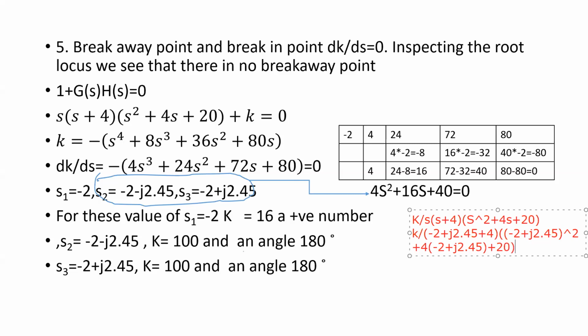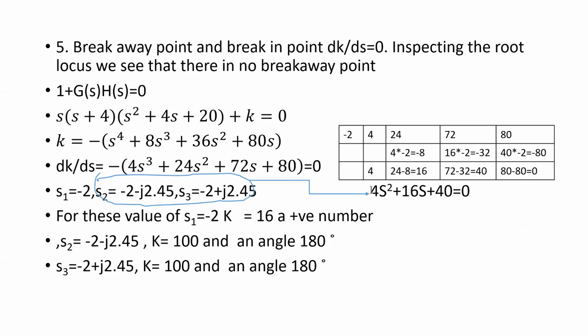When you do this, I got a number in polar form at an angle of 180 degrees. So it is satisfying the angle criteria, which means it is a part of the root locus. So all three will satisfy the angle criteria. Hence, all three points are valid points on the root locus. You can substitute for the other two and verify.